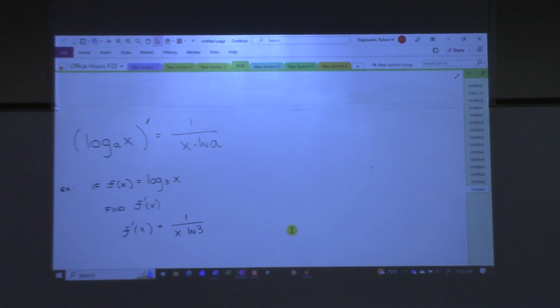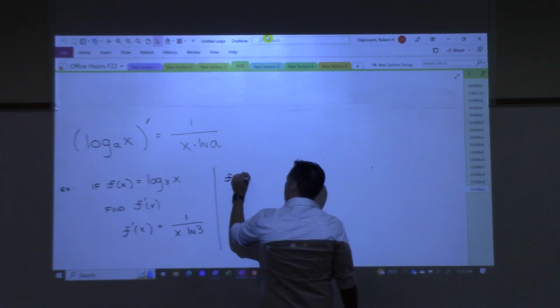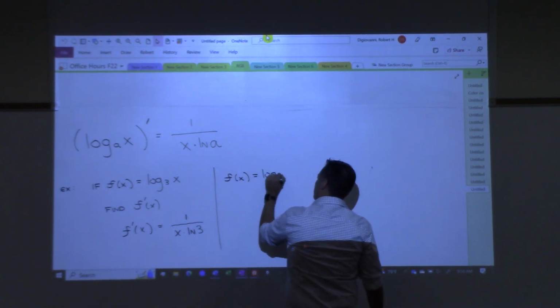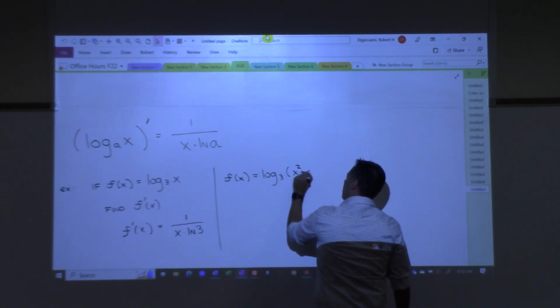Now, I'm going to tweak the problem a little bit. What if we have f of x equals log base 3, and this time I'm going to put inside x squared plus x.